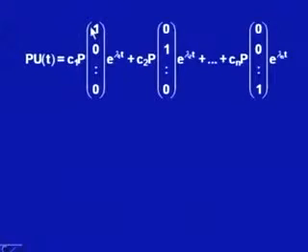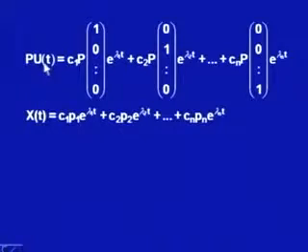So, P of ut is equal to C1 P of this vector e^(lambda 1 t) plus C2 P of the vector multiplied by e^(lambda 2 t) and so on, and that makes P ut as x of t, the function x is a function of t, is equal to C1, and I write down P into 1 0 0.